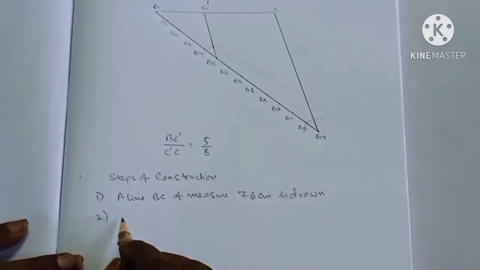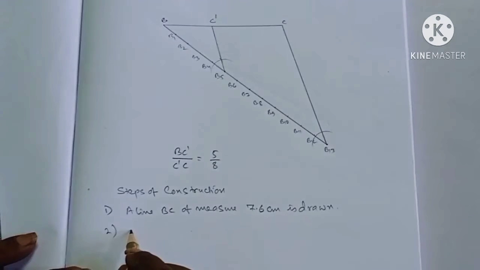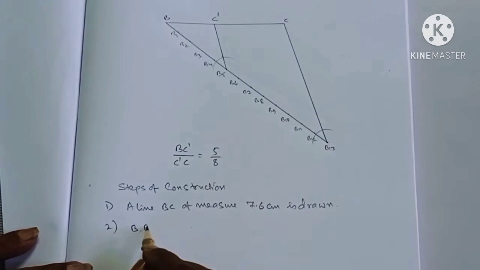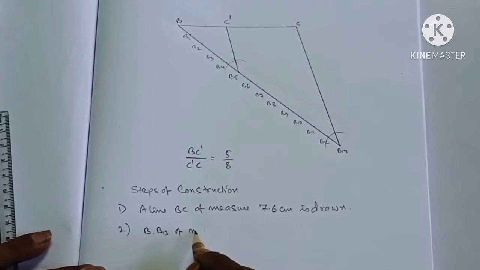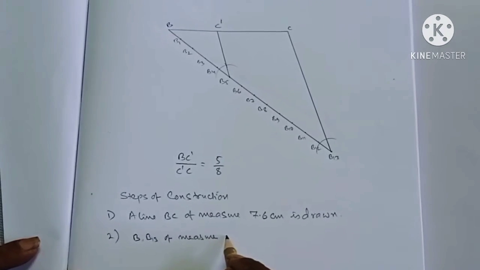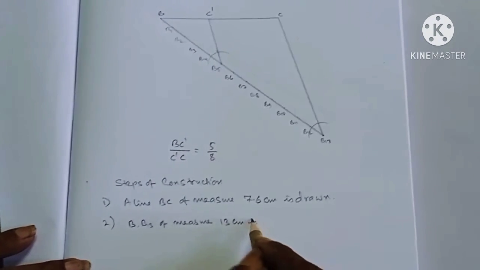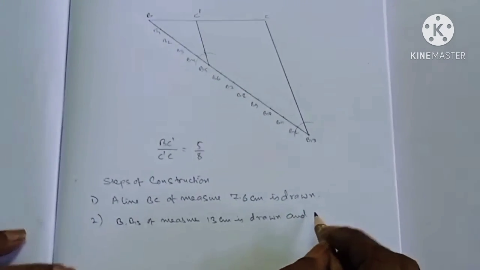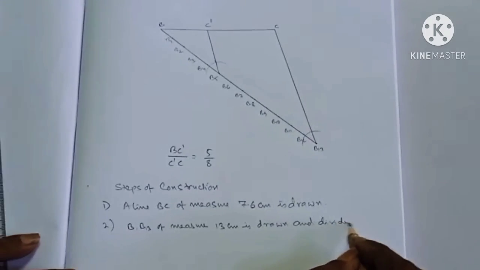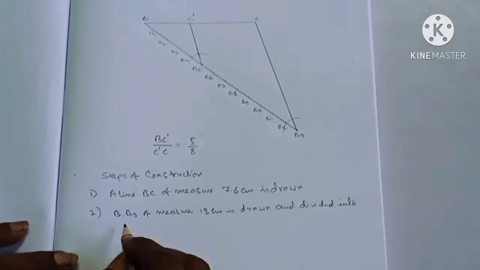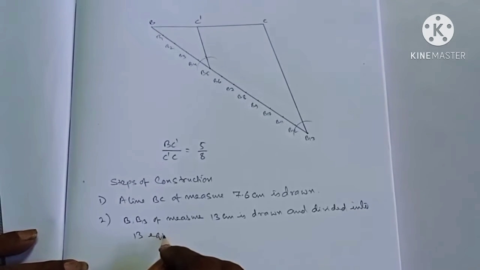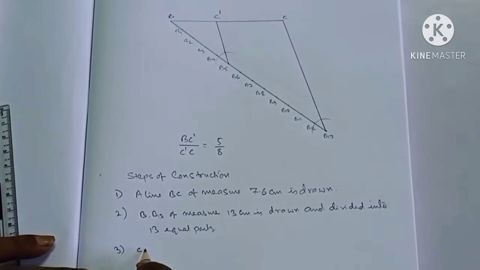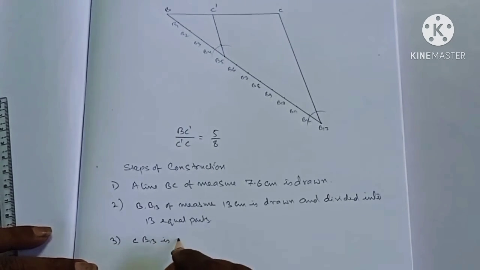Second, taking any acute angle at B, a line BB13 of measure 13 centimeter is drawn and divided into 13 equal parts. Third, CB13 is joined.